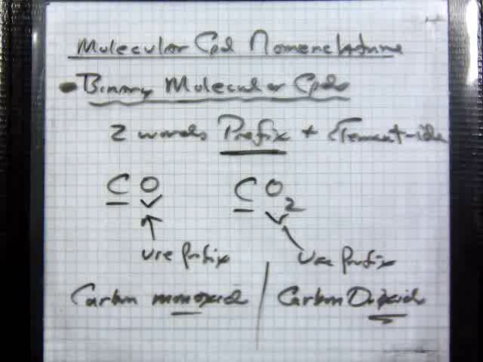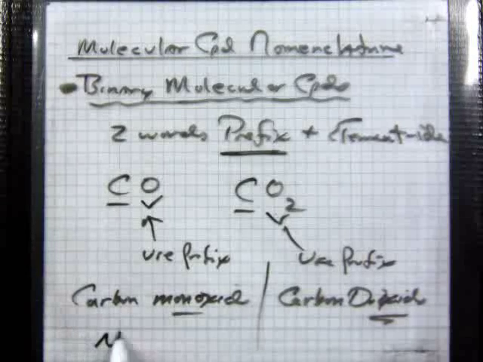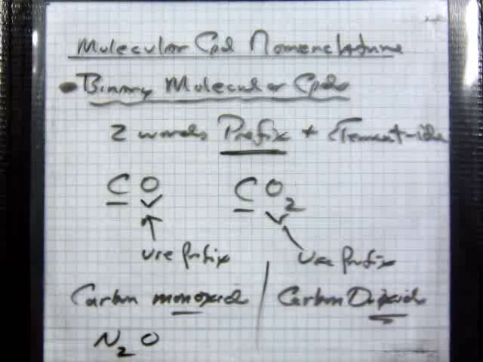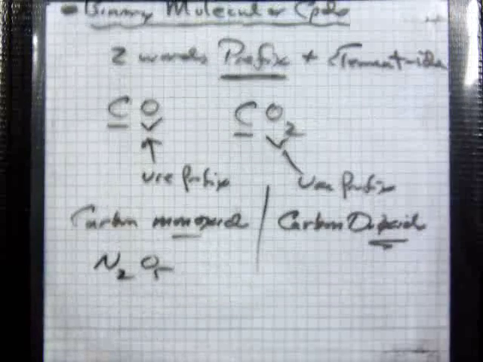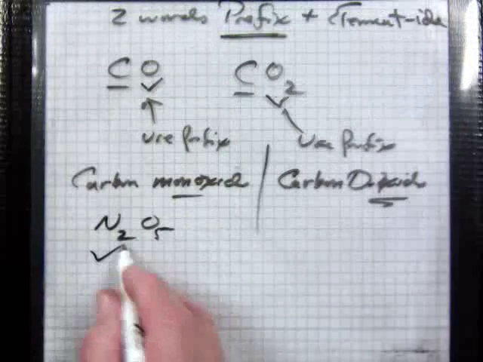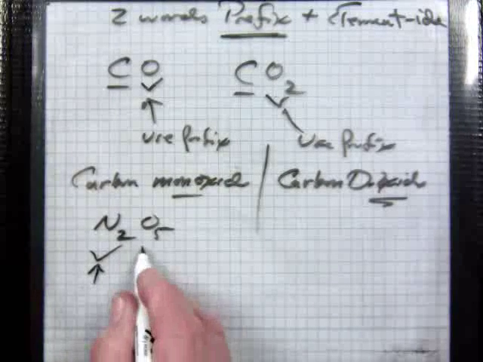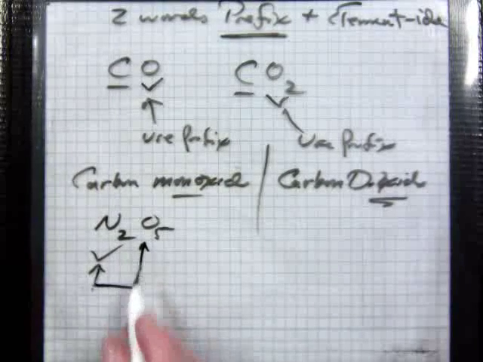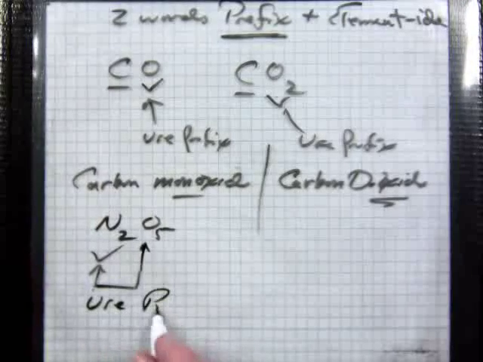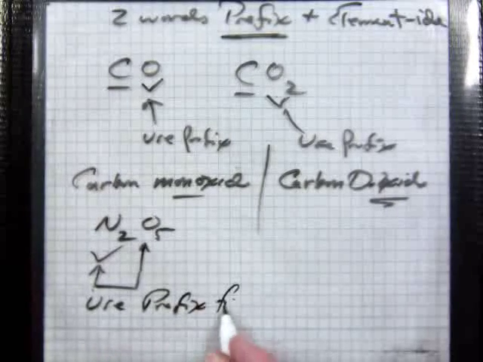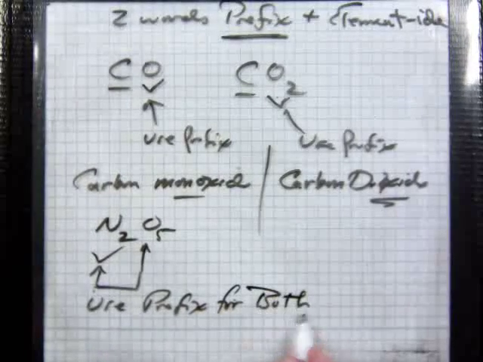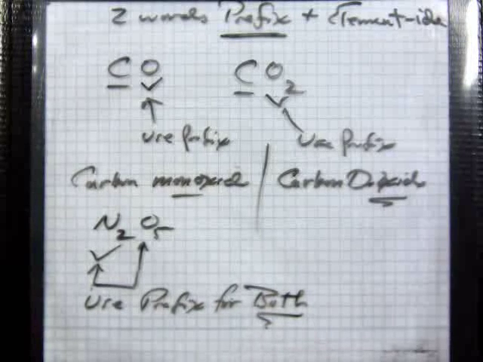However, if the first element does have multiples in it, N2O5, that's real. Here is a case where you do use a prefix for both of them.